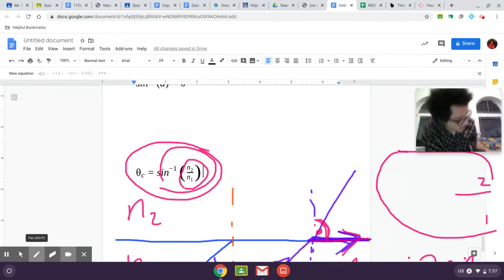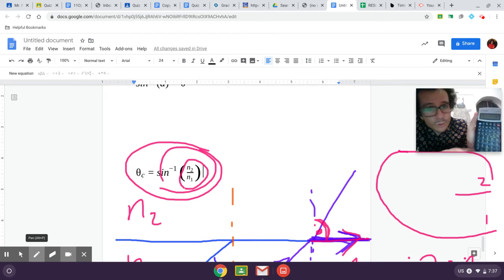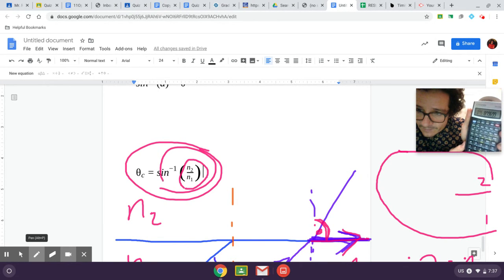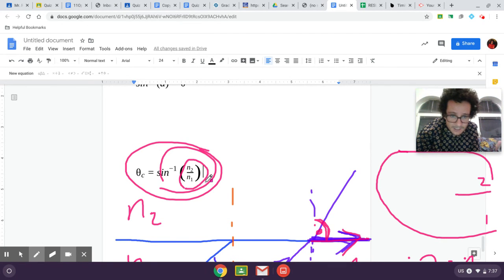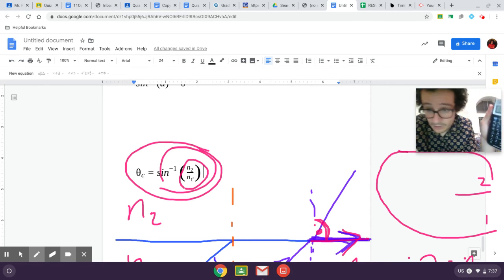Okay, so in this case, let's calculate the critical angle for a ray that is going from water to the air. Okay, so n2 is going to be the air, 1, divided by the index of refraction of water, which is 1.33. That's 0.752, let's say. Okay, that's that little expression here. So let's apply the reverse function to that number.